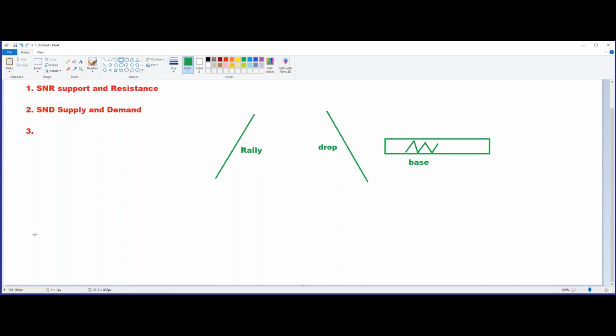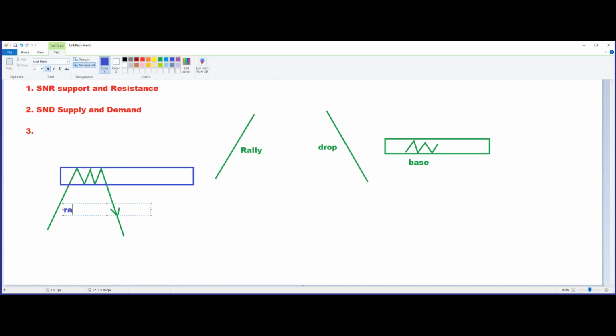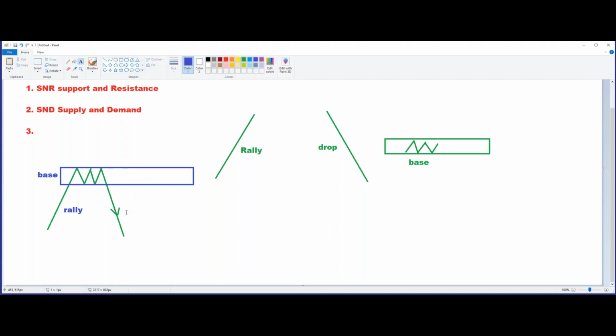Let's suppose we have the price rally, and then you make a base or sideways, a small base, and then price goes down. This is what we call a rally base drop, because we have a rally over here, then price bases over here, and we have a drop over here.